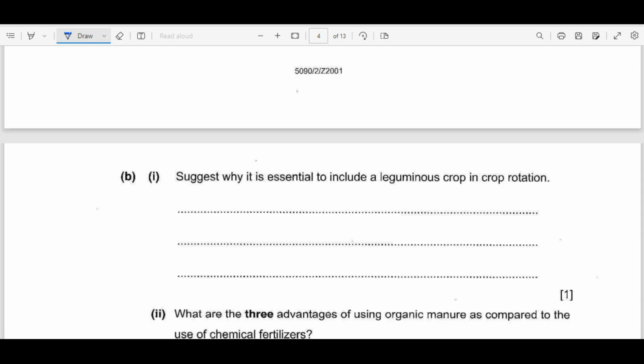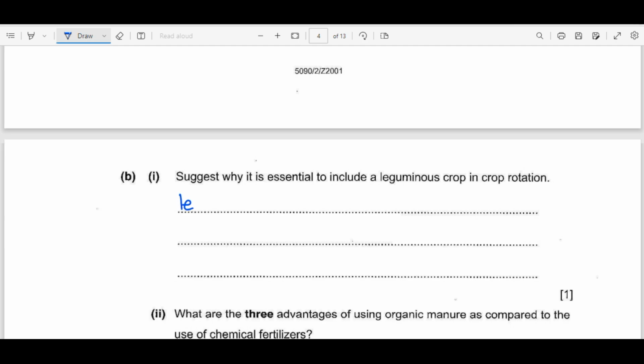You may plant cassava, then after cassava you consider maybe a leguminous crop. Now these leguminous crops have nitrogen fixing bacteria known as rhizobium bacteria in their root nodules. Their function is to convert nitrogen gas into nitrates, which makes the soil fertile. So that's the importance.